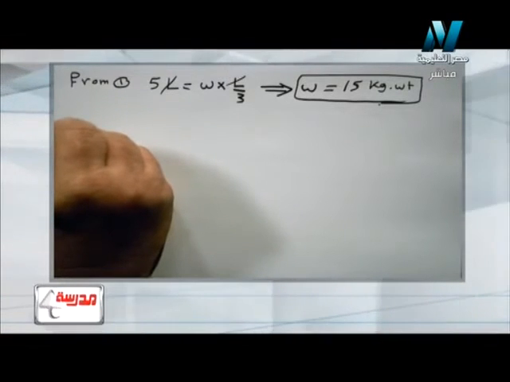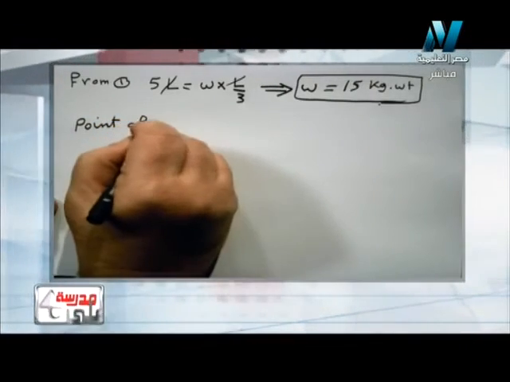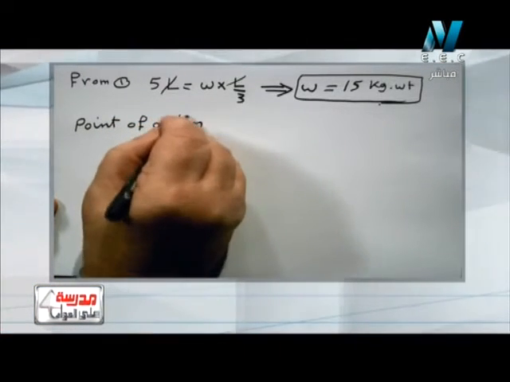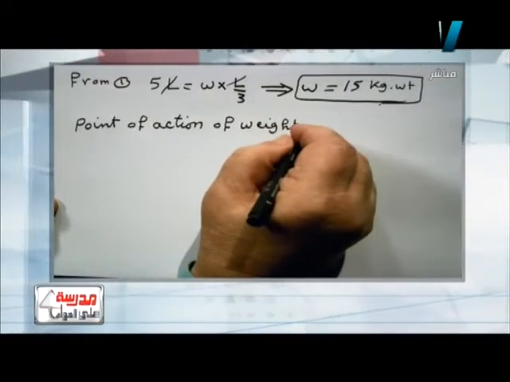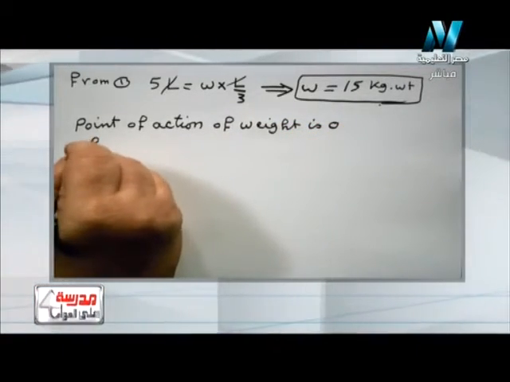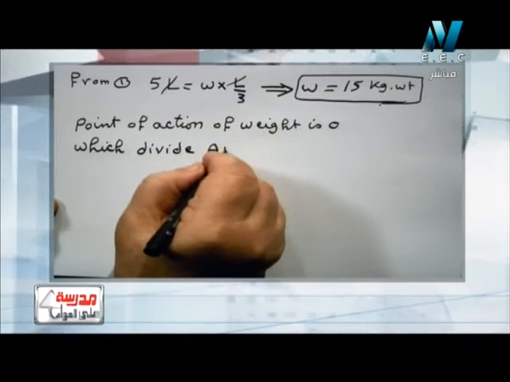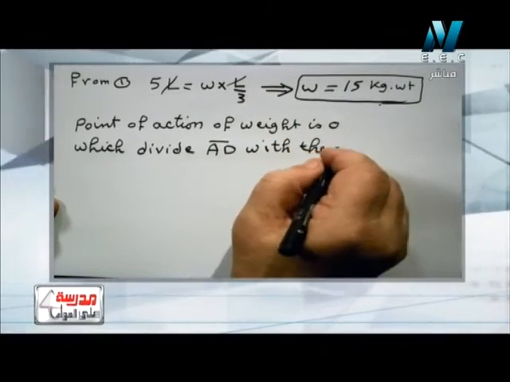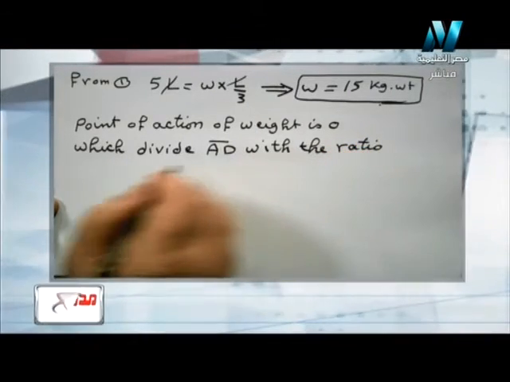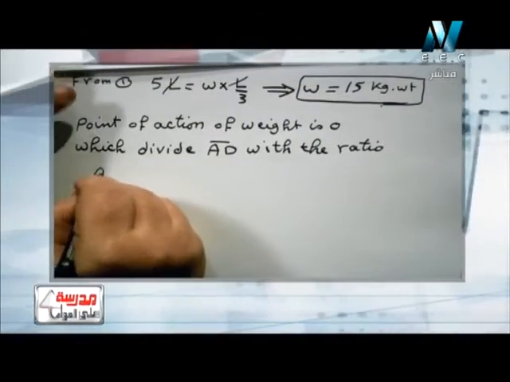So here we have the point O, the point of action of the weight, which divides AD with the ratio. Look at the drawing, my dears, here is the point of action of the weight, so the ratio AO to OD.